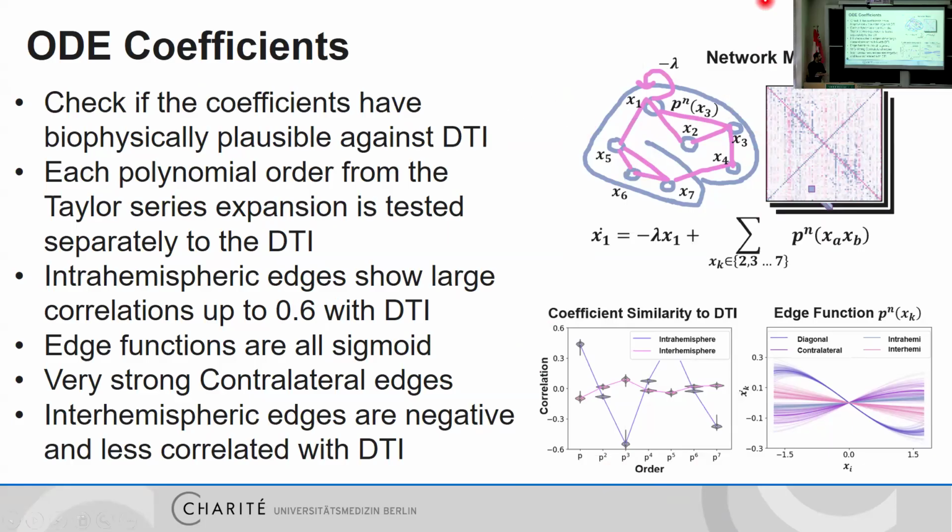There was this really nice talk a couple hours earlier about inhibitory inter-hemispheric edges. And I see that too in my connectivity: I get very strong contralateral edges between two hemispherical twins, but then you have this inhibition coming from the other hemisphere to the neighbors of your twin. So I see this really nice structure. When you actually look at the whole function, because they're all odd polynomial, you get a nice sigmoidal shape.